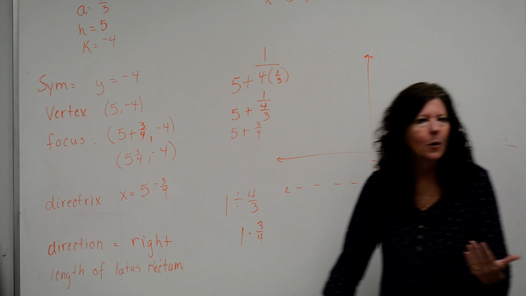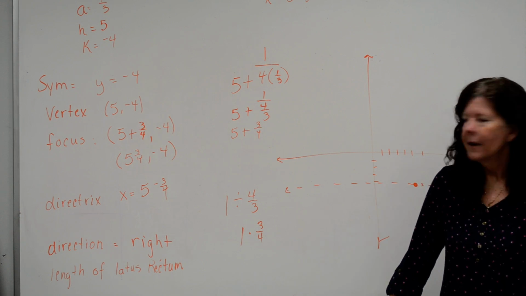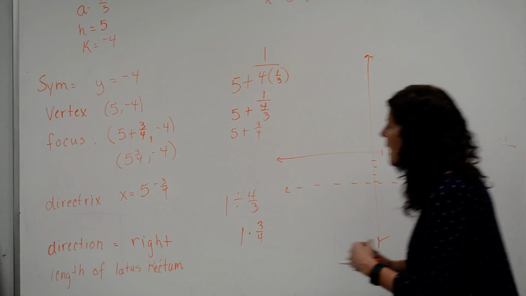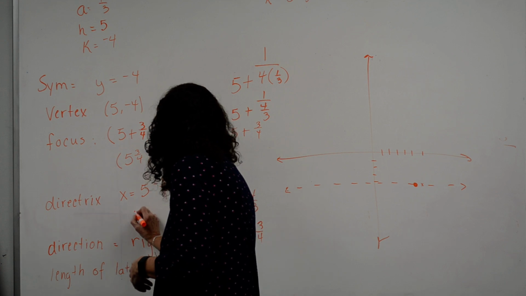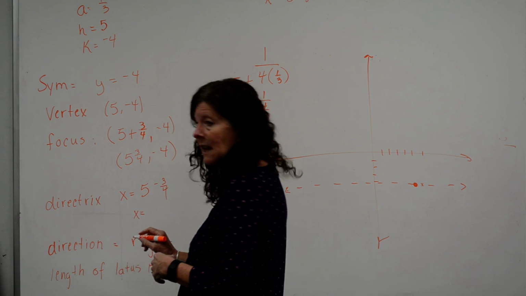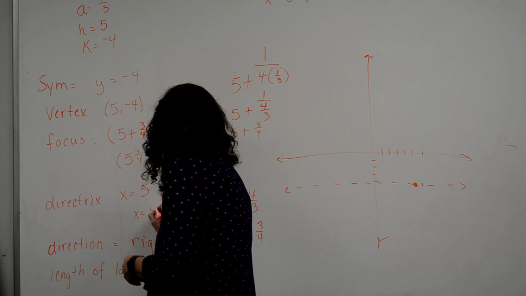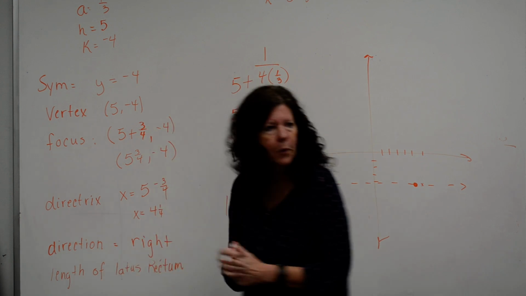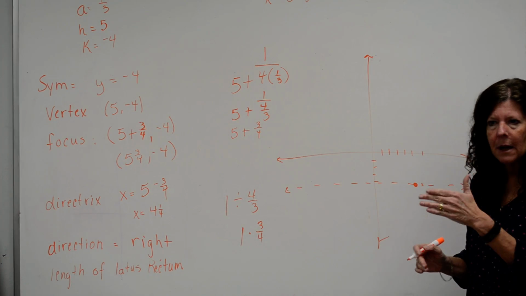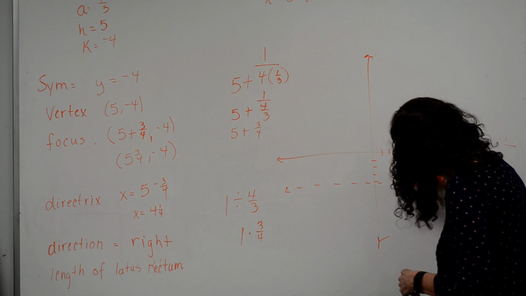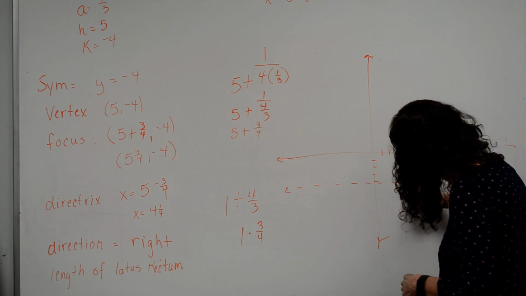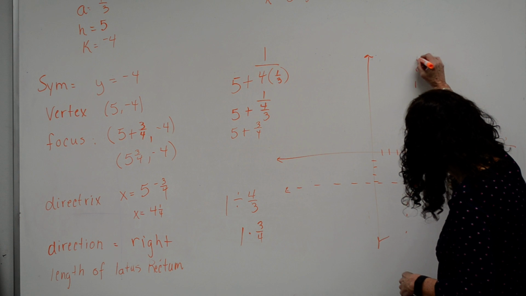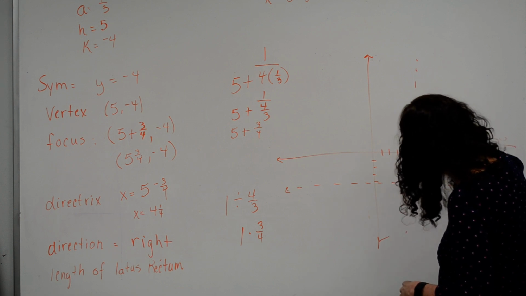What was 1 over 4a? 3/4. Okay, so therefore, I know that this is going to be x equals, which is a vertical line, 4 and 1/4, right? Isn't that 5 minus 3/4? 4 and 1/4. I'm going to go back. The same distance, actually, I curved my line.